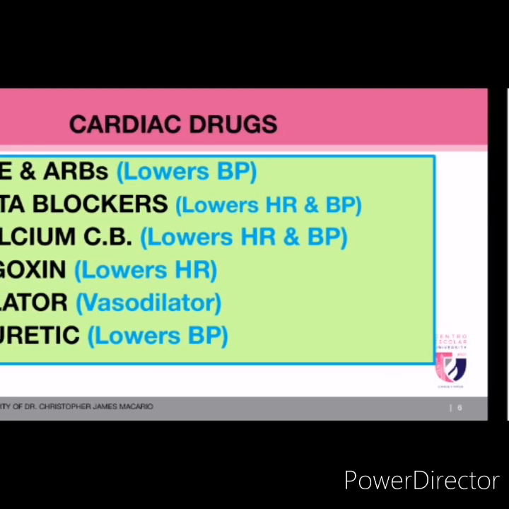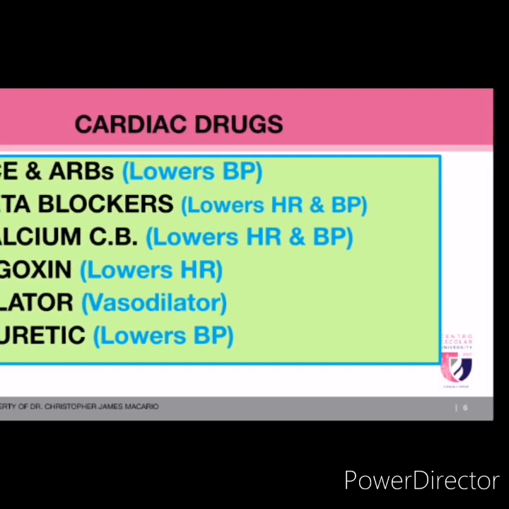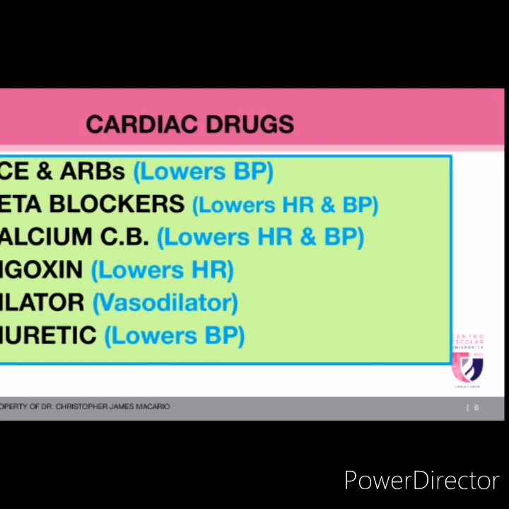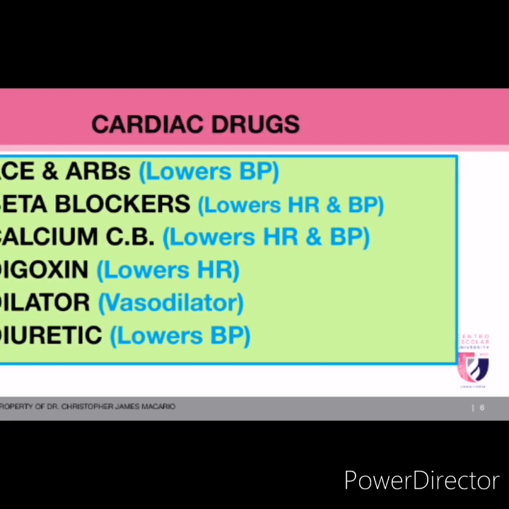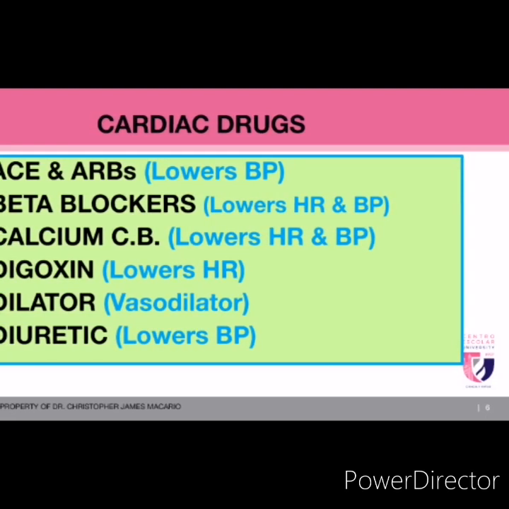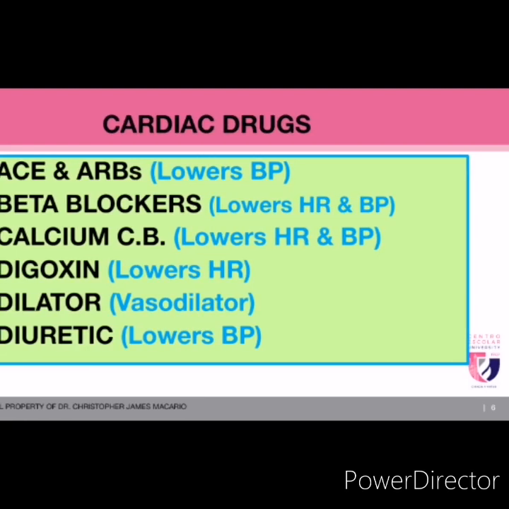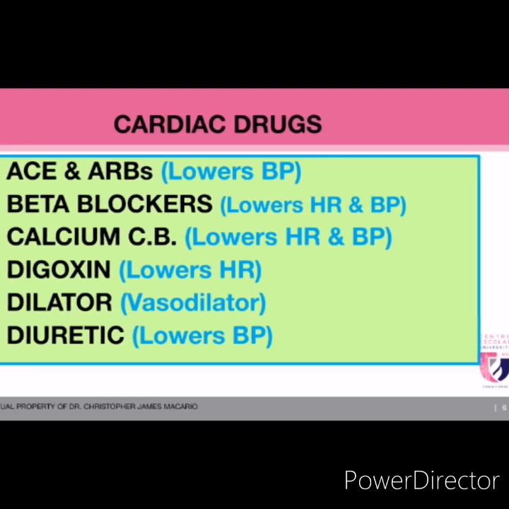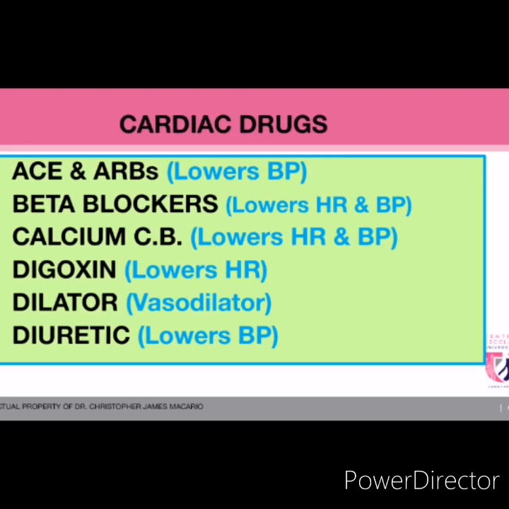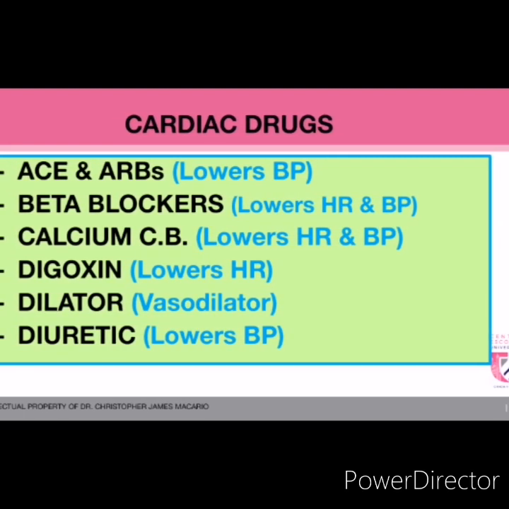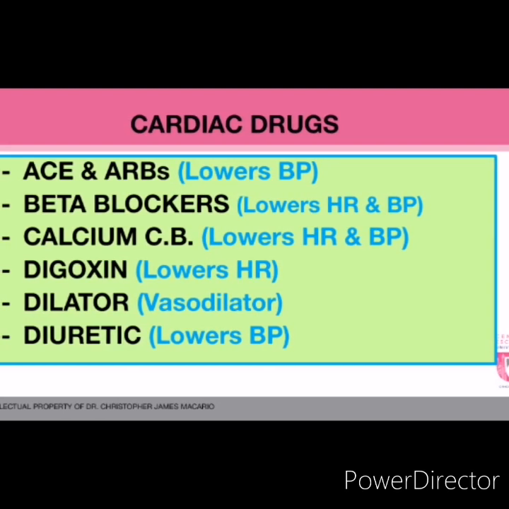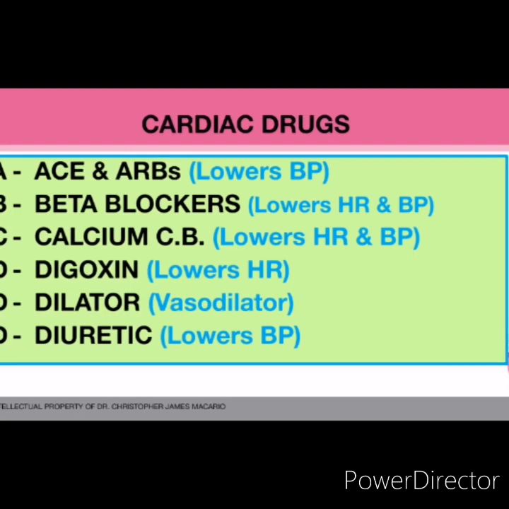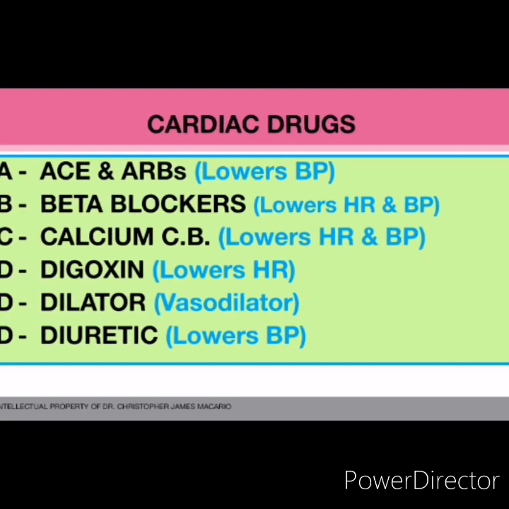A stands for ACE and ARBs, which lowers the blood pressure. B stands for beta blockers, which lowers the heart rate and BP. C stands for calcium channel blockers that lowers the heart rate and the BP. And the DDD stands for digoxin, dilator, and diuretics. Digoxin lowers the heart rate but not the blood pressure, as you can see.